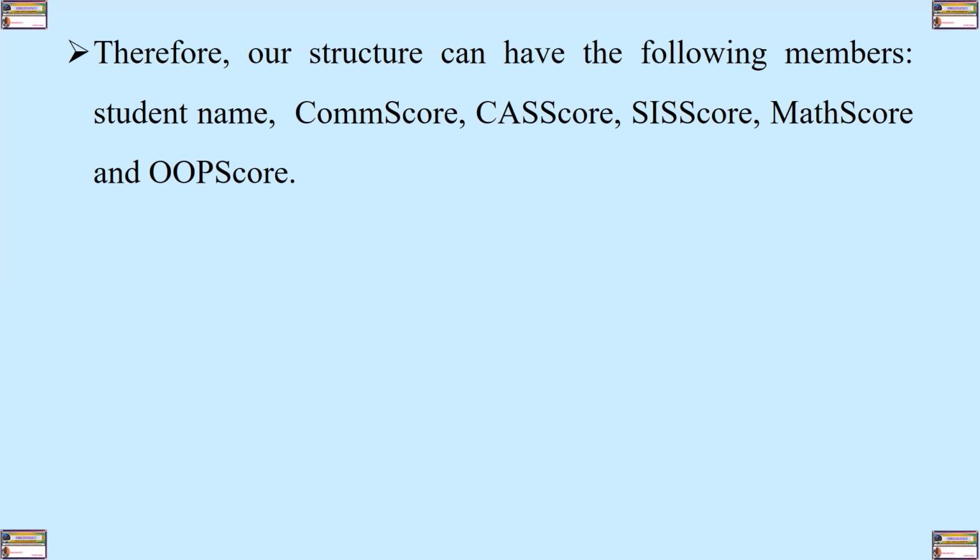For example, identifying whose scores you are entering. In that case, you can enter the student name so that the scores are per that student. And if you have several students, the same case will apply. It becomes easy to identify whose the scores you are entering are, which is different from an array. And therefore, we can have a structure that is composed of student name and the scores attained in the 5 subjects.